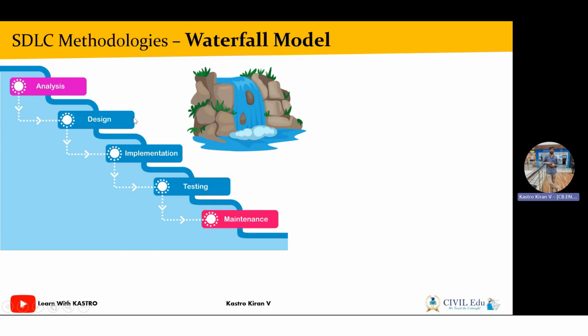Now, once the design phase gets completed, then we'll move to the next step, which is called as implementation phase. Now, what we'll do in the implementation phase? In the implementation phase, developers will work in order to develop the code whichever is required to launch the application. Whatever the application that client wants to see, based upon the requirements of the clients, developers will write the code in the implementation phase.